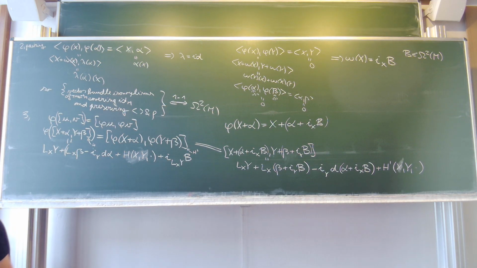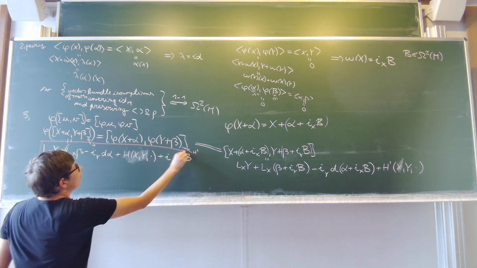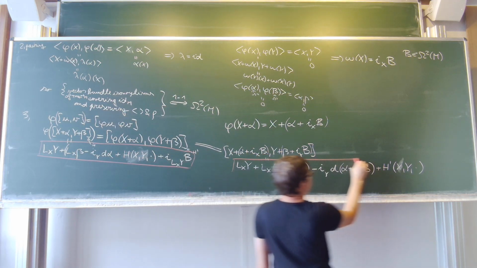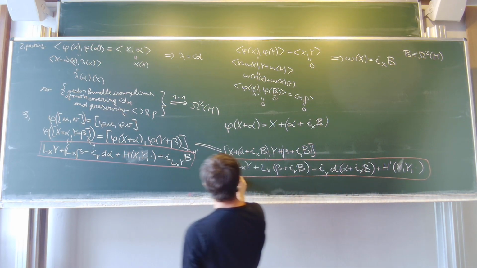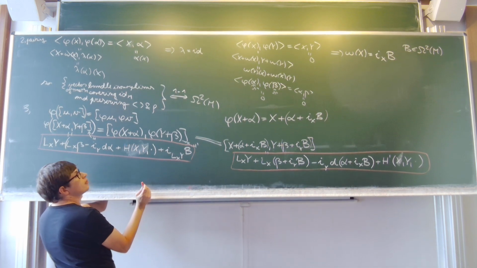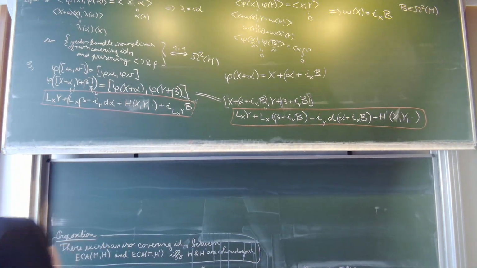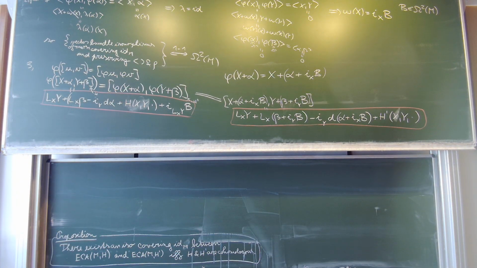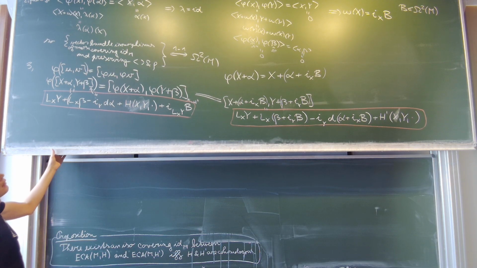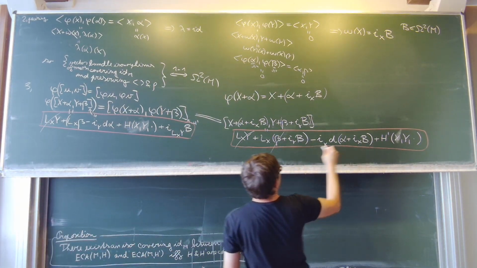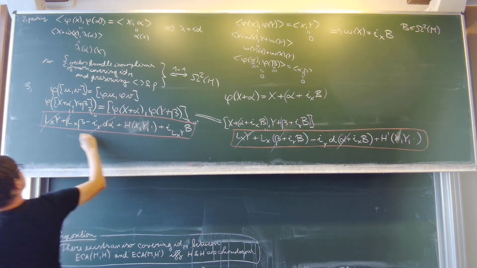Now let's check when this can be satisfied. I'm looking at the beginning and the end. And what does it give me? Okay, so this thing is on both sides, and this thing is also on both sides.